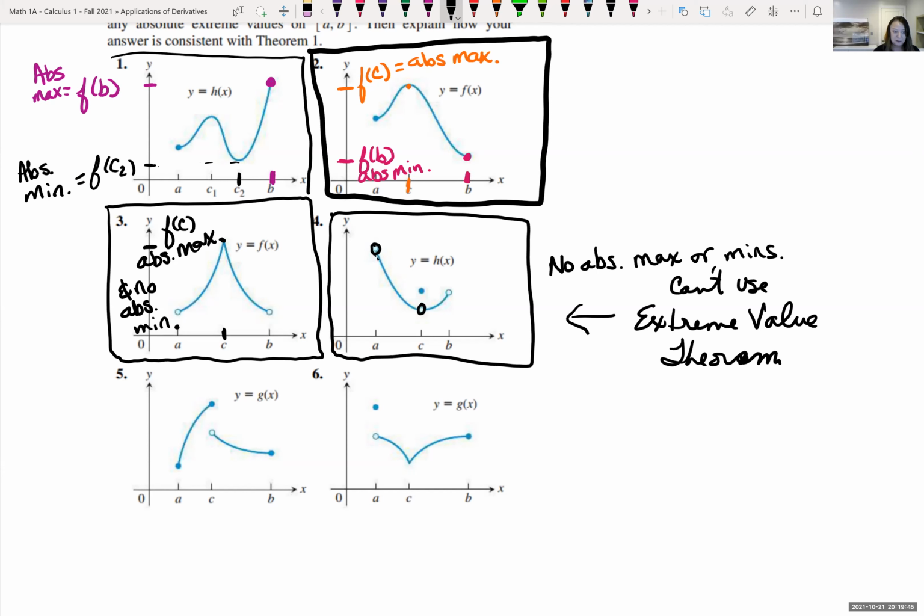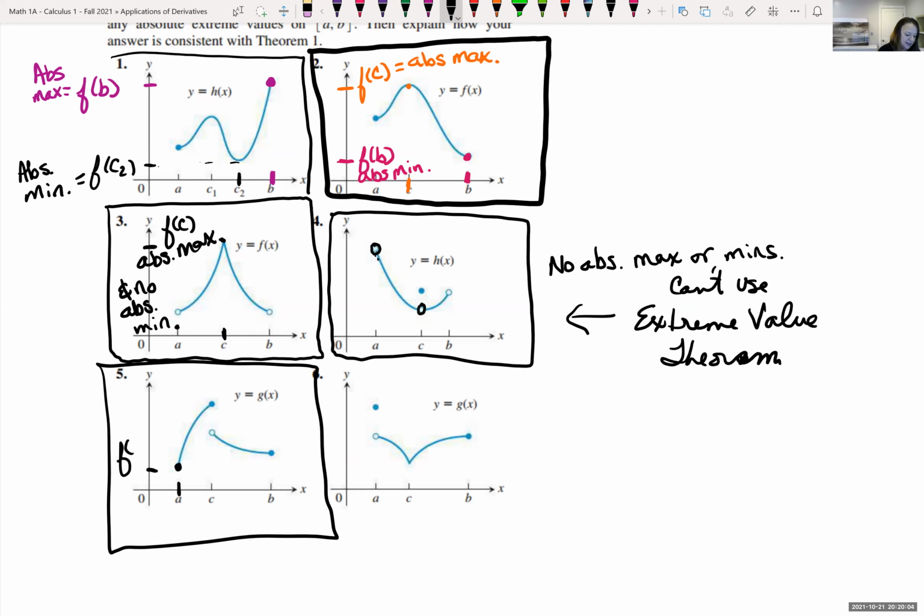But that doesn't mean it might not have an absolute max or an absolute min. And if you look at number 5, notice there is a y value that we get back that's the smallest y value for g of x, and that's going to occur when x is a.